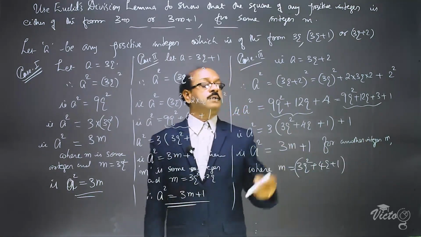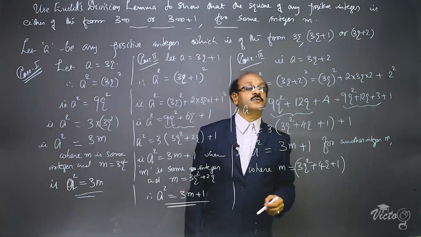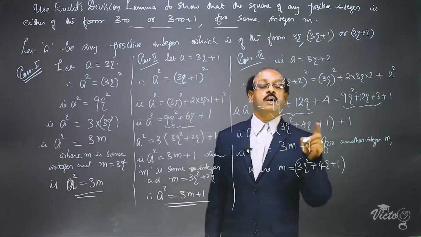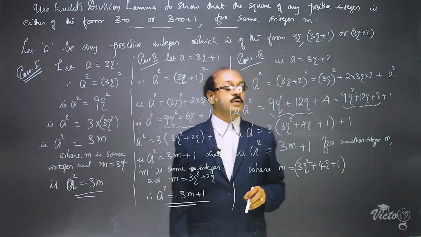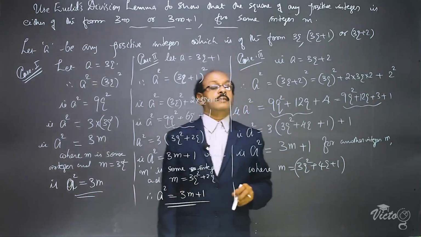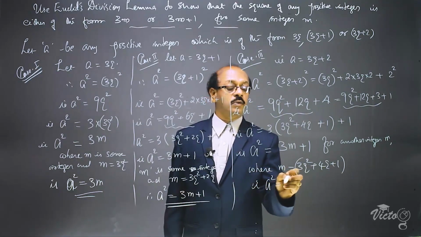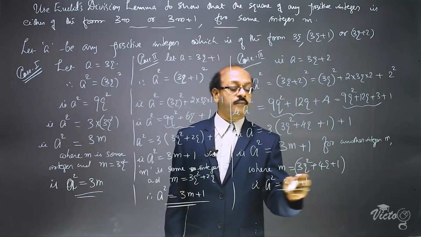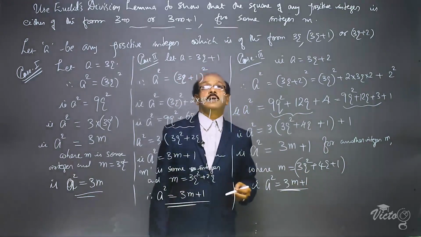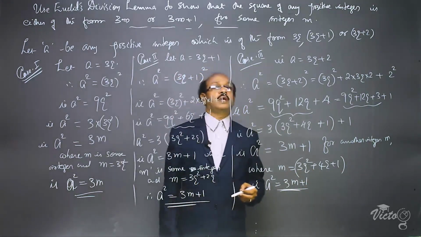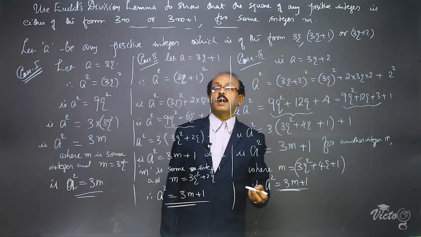That is, here also a square is equal to 3m plus 1. That is, we are obtaining the result: the square of any positive integer is of either of the form 3m or 3m plus 1.